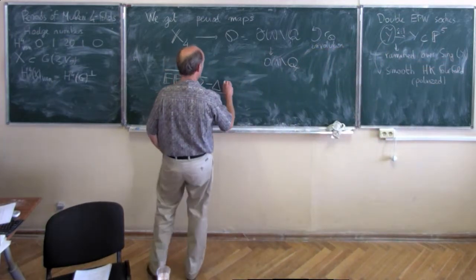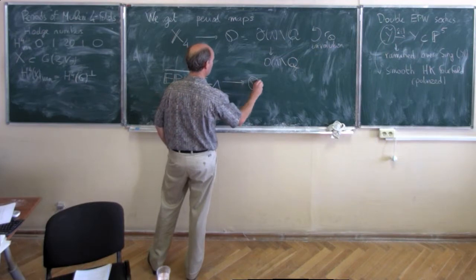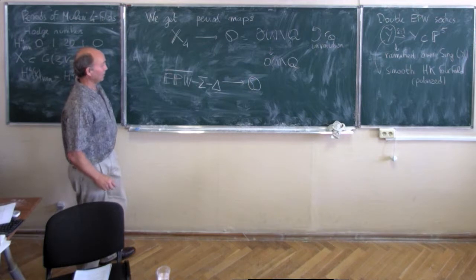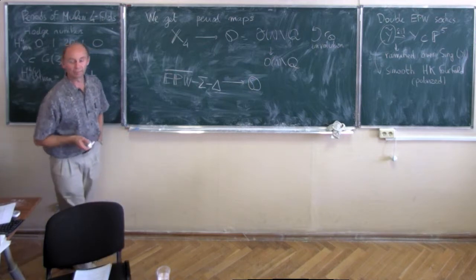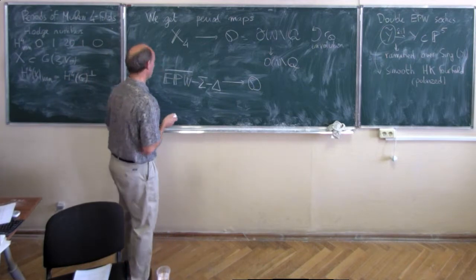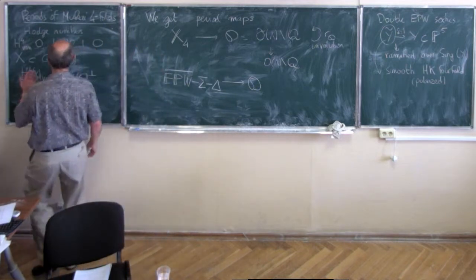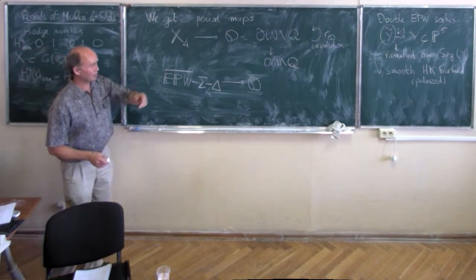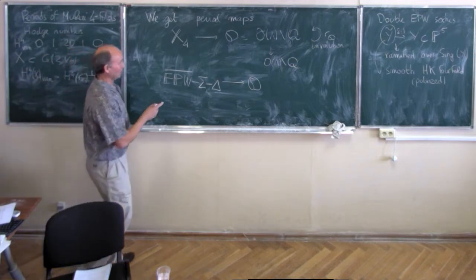So we have a period map, and it's actually the same period domain, which is what we should expect, since I mentioned earlier that the Hodge structure here is actually isomorphic to the Hodge structure of the W60.